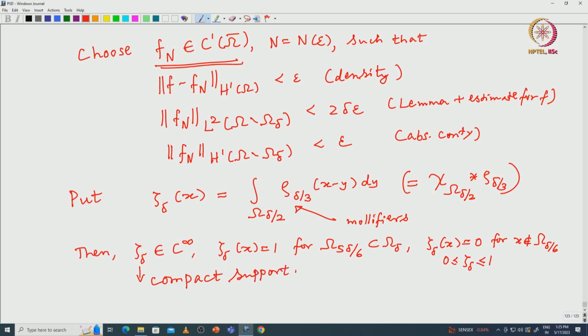Okay. So, now what we have to do is, just consider this Fn j delta by 3. Okay. So, this is C1 with compact support. Okay.